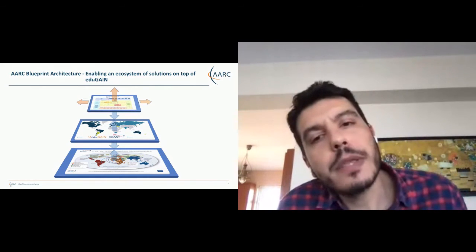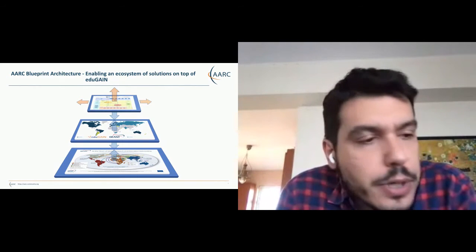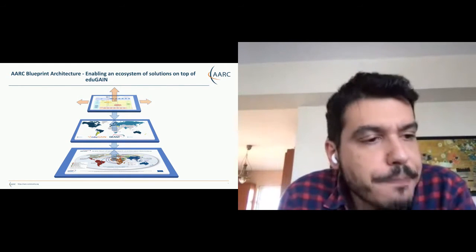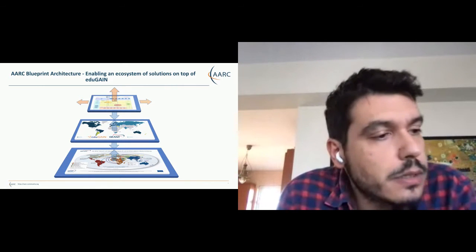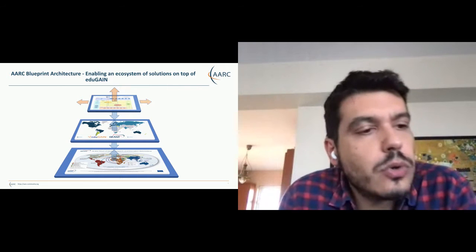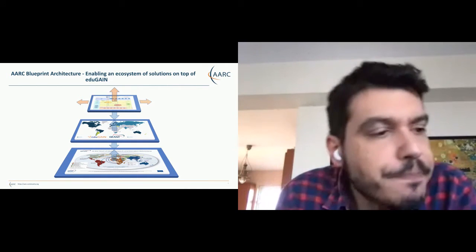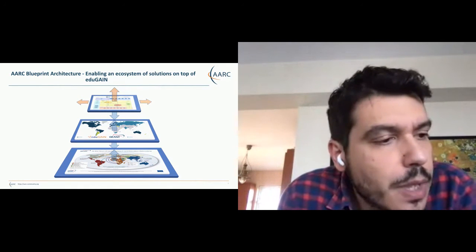The ARC blueprint architecture defines the key components for building an infrastructure in a scalable and secure way. The building blocks can be mixed and matched according to each research collaboration's needs. So this gives the software architects the flexibility to build a customized solution tailored to their needs.